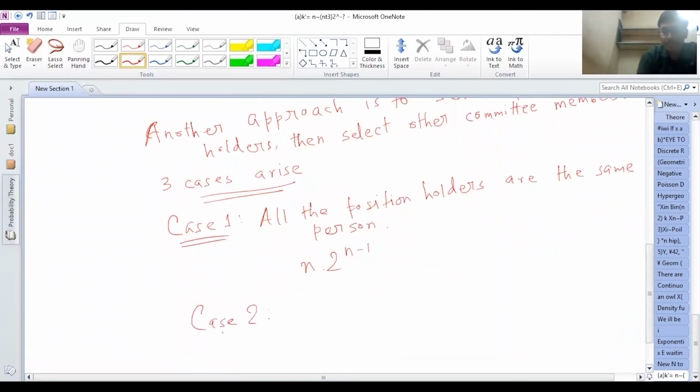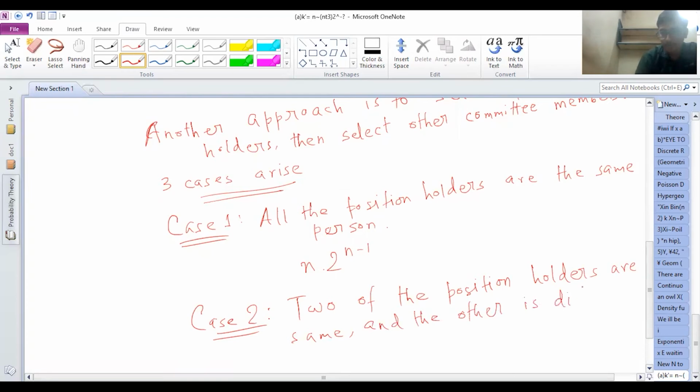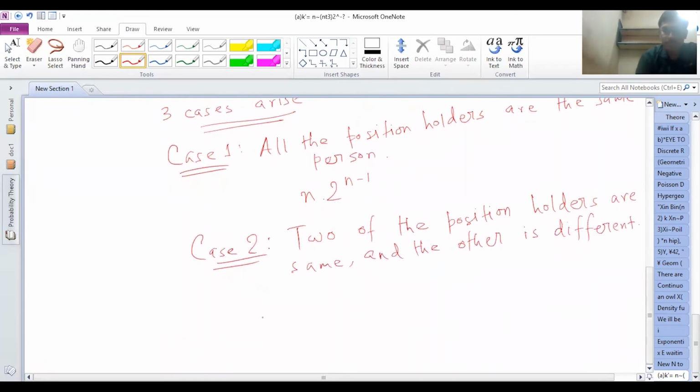For the second case, two of the position holders are the same person, and the other position holder is a different person. So we first have to choose the two positions which are held by the same person.